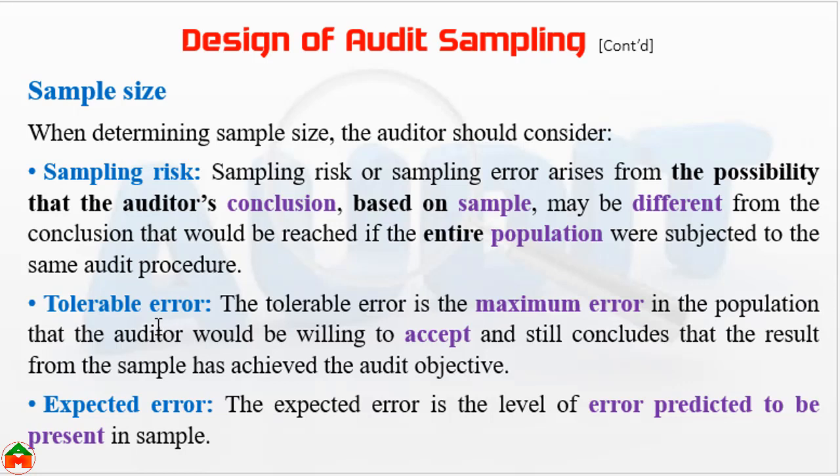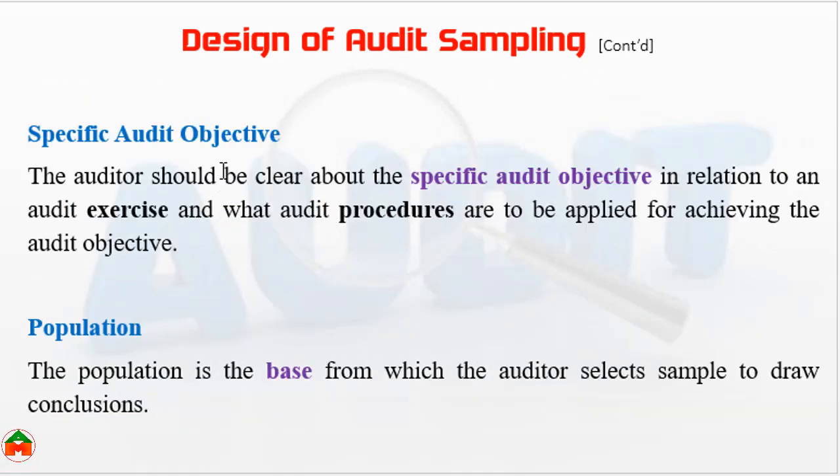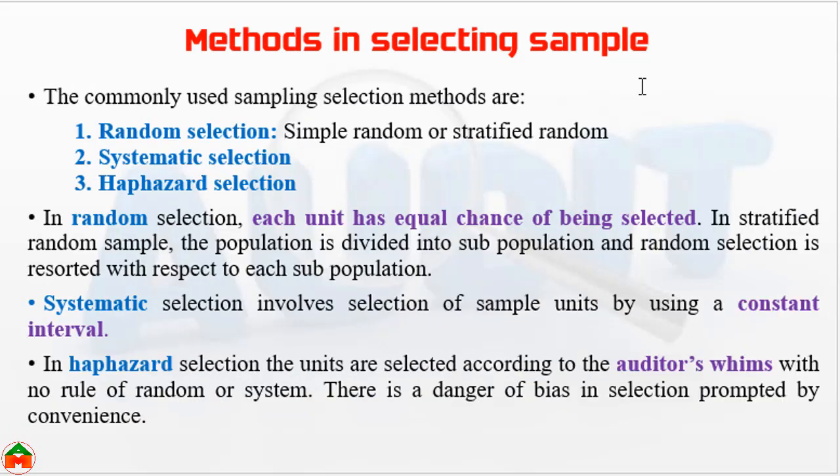That means the tolerable error is the maximum error which would be accepted by the auditor at the time of making conclusion, and the expected error is the level of error predicted to be present in the sample. Predicted error is known as expected error. And for designing the audit sampling, the auditor should consider the specific audit objective, population, and sample size.